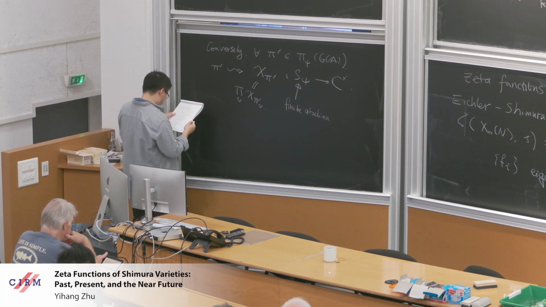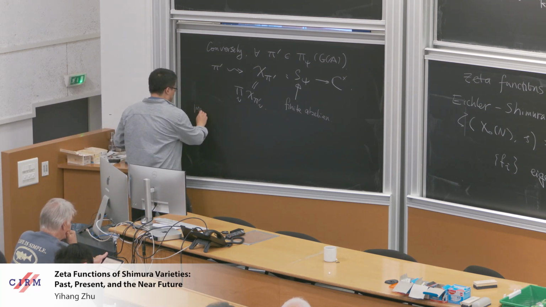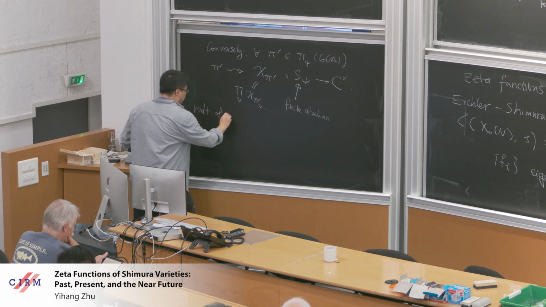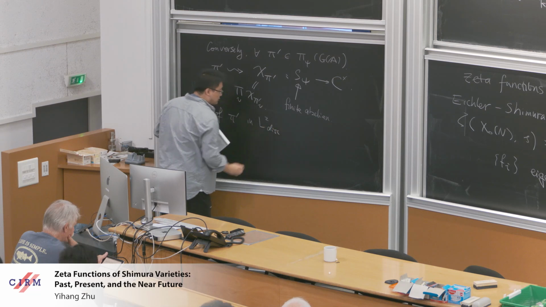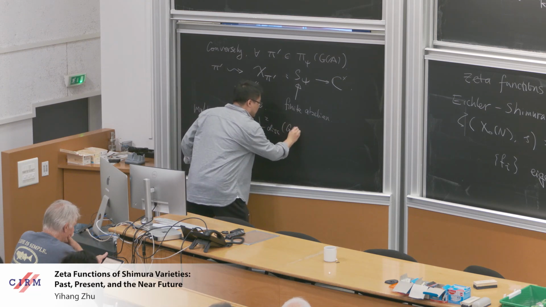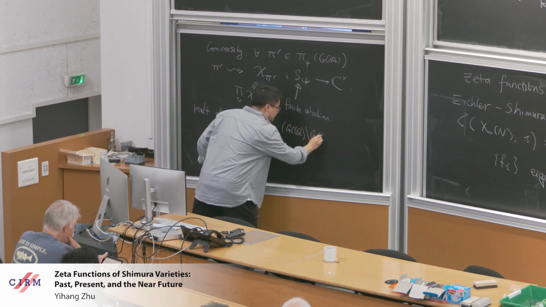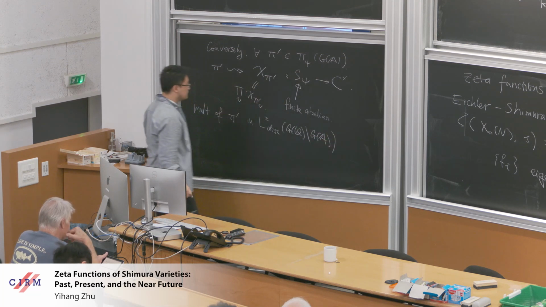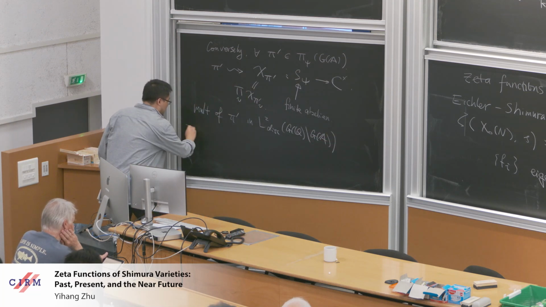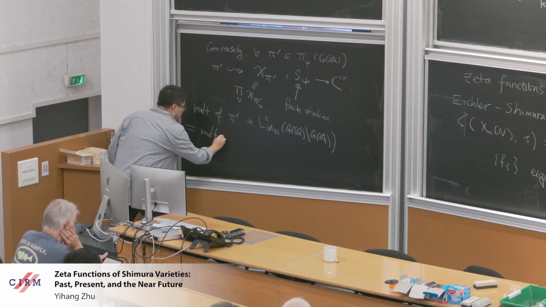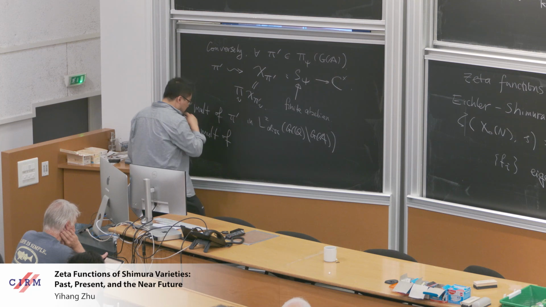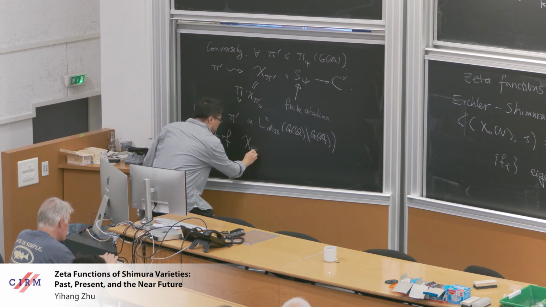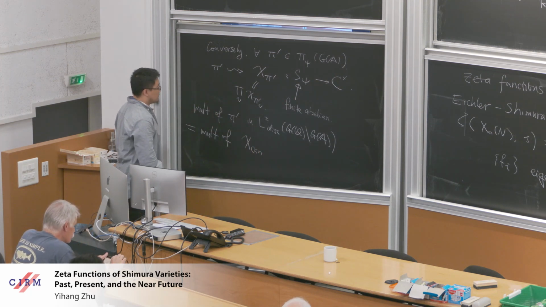The multiplicity of pi prime in the L2 discrete spectrum is equal to the multiplicity of a certain canonical representation, chi canonical, inside this representation determined by pi prime.